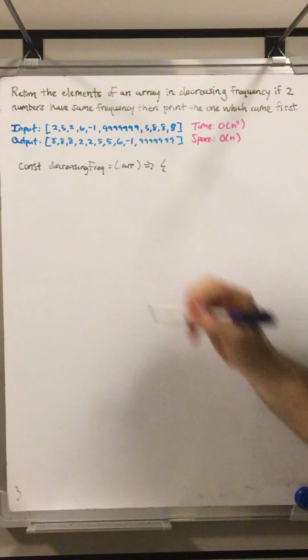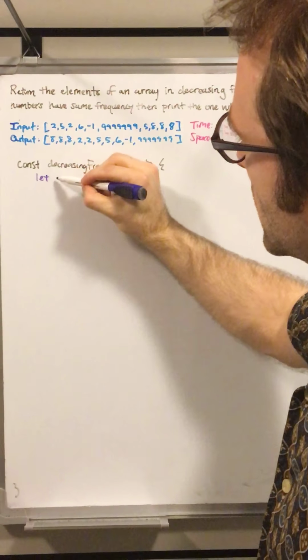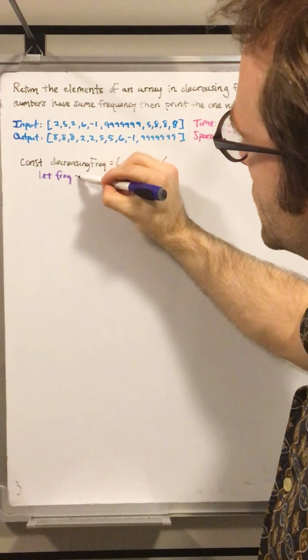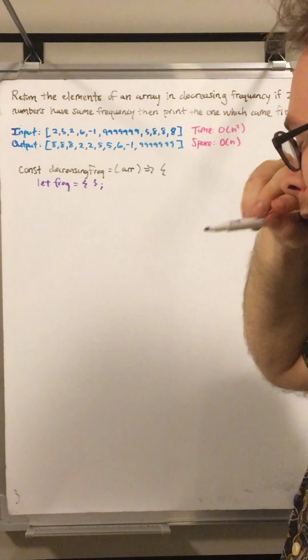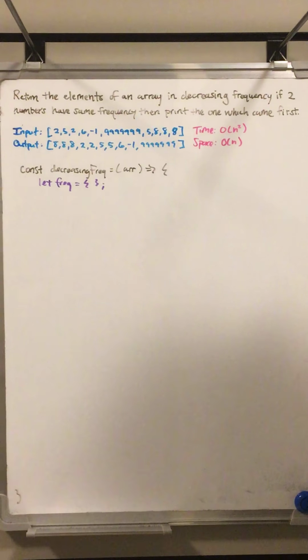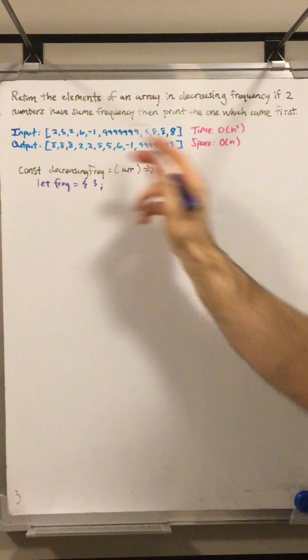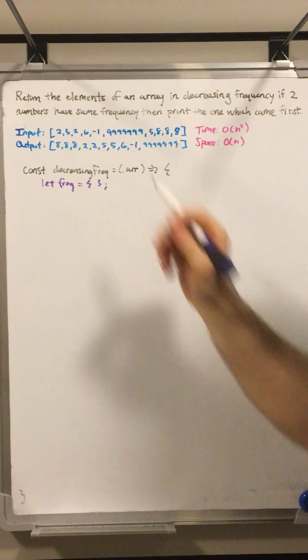Alright, so first thing that we're going to do here is create a hash called frequency. And this is where we're going to store all of our counts as well as our indices for each element.